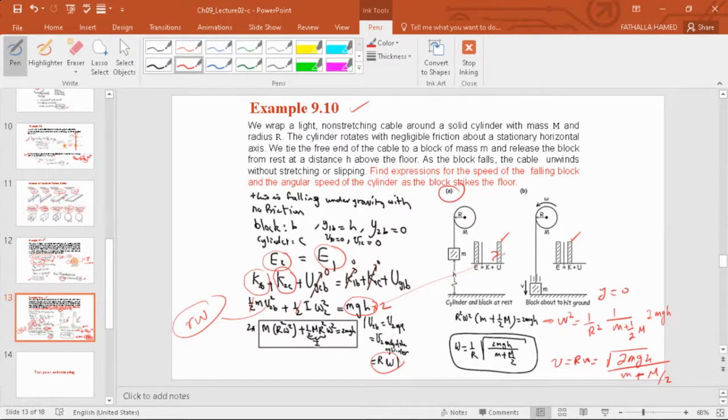And the speed now, when the block comes here, it's not going to be the square root of 2mgh. It will be the square root of 2mgh divided by m plus the mass of the cylinder divided by 2. So you see a difference now. Is this clear?